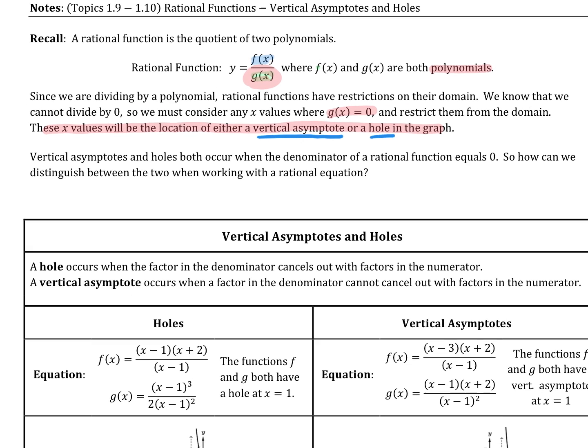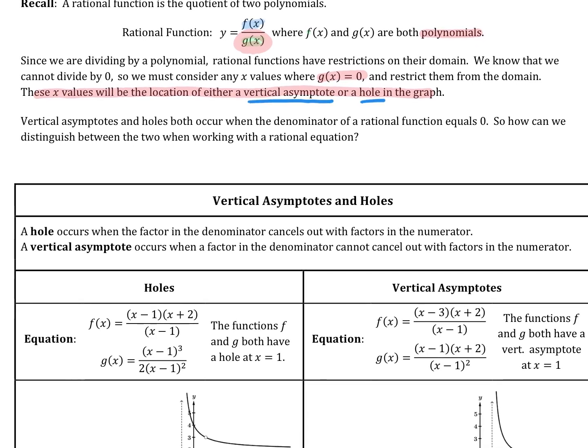Vertical asymptotes and holes occur when the denominator of a rational function equals 0. So look at that very carefully: vertical asymptotes and holes both occur when the denominator of a rational function equals 0.